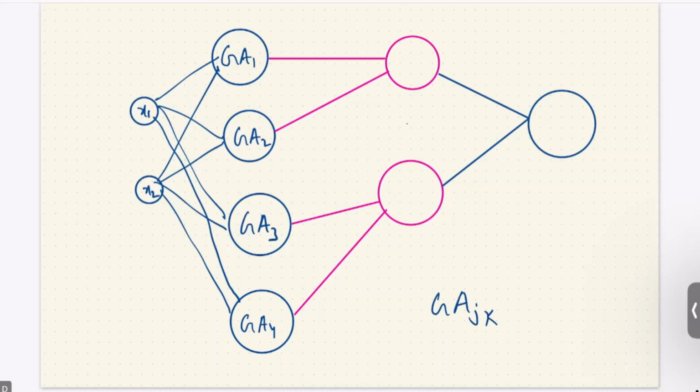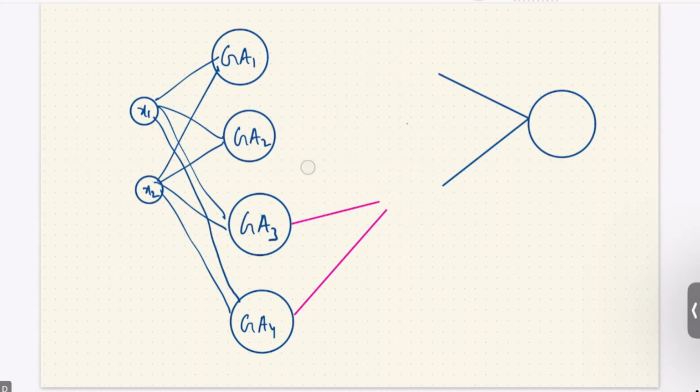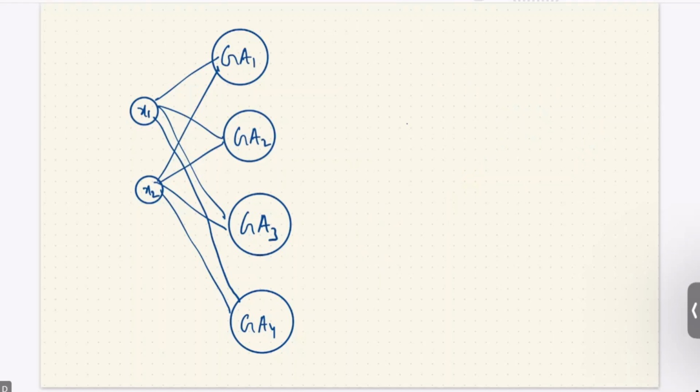G A, I J. Okay, slight modifications in this.